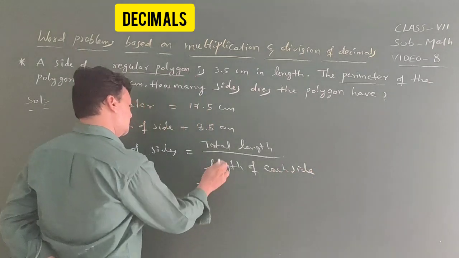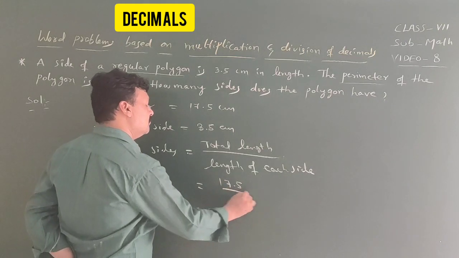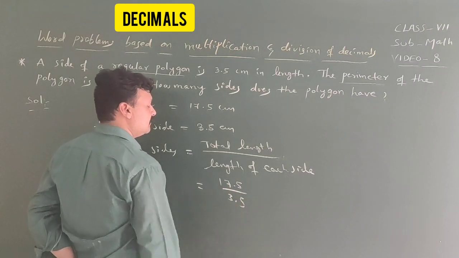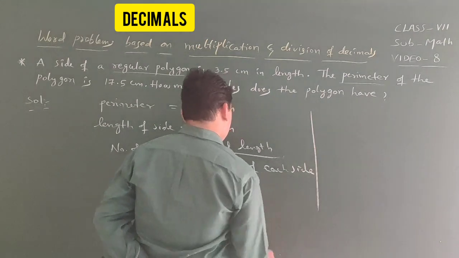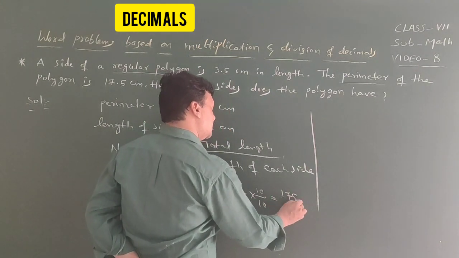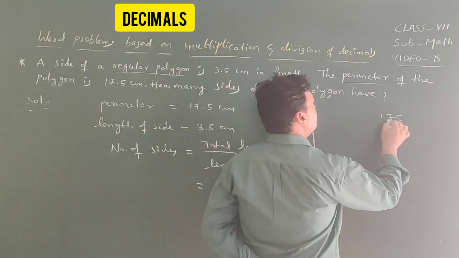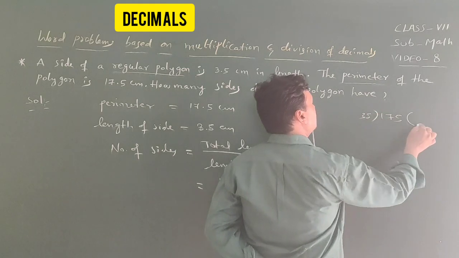Here total length is nothing but perimeter. So 17.5 by 3.5. Multiplied and divided by 10, it becomes 175 by 35.